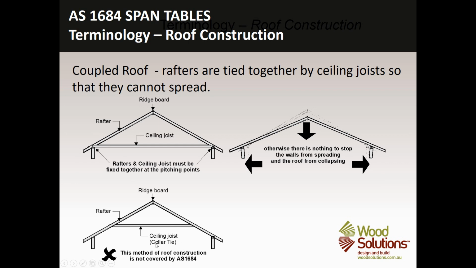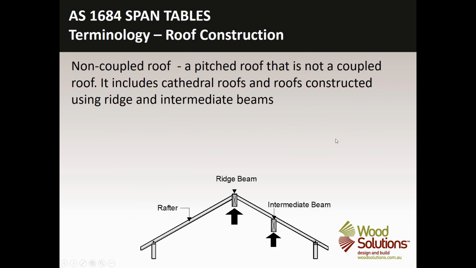So what's covered by 1684 is both the ceiling joist and collar tie further right. But if we have neither of those, gravity loads imposed on the roof will cause the tendency of those rafters to spread and push outwardly on the wall frames. And if there's nothing to stop the wall frames from spreading, the wall frames can tip over.